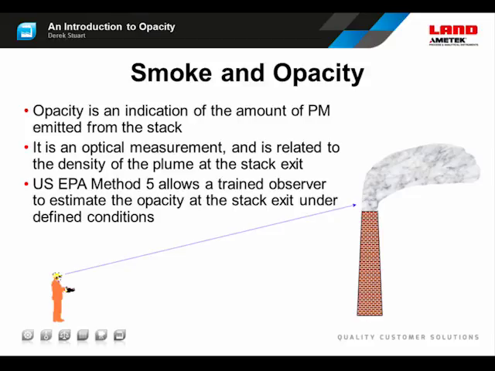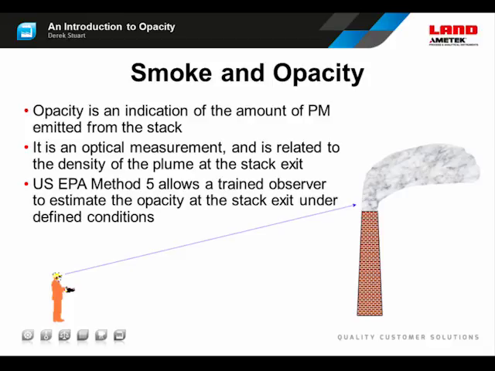That is either ash from the coal, or if the combustion is going really badly, if you see black smoke, it's actually unburned carbon, which is both an indication of inefficiency as well as a very nasty pollutant. So we're measuring opacity because it's an indication of the amount of particulate matter emitted from the stack.